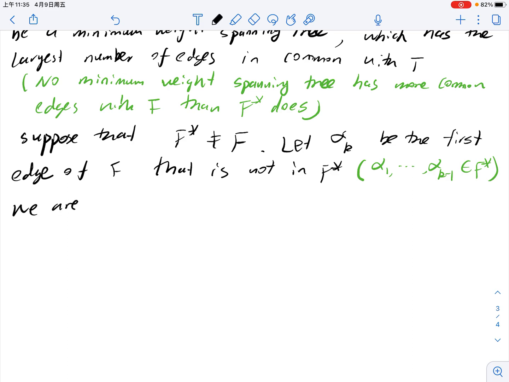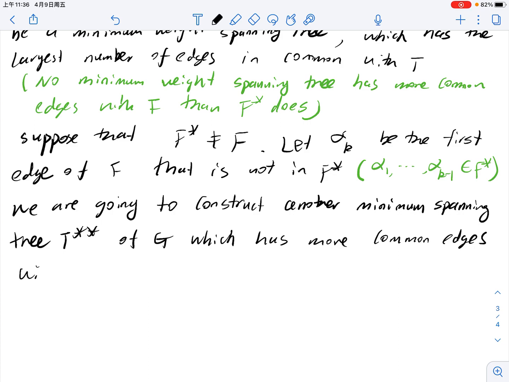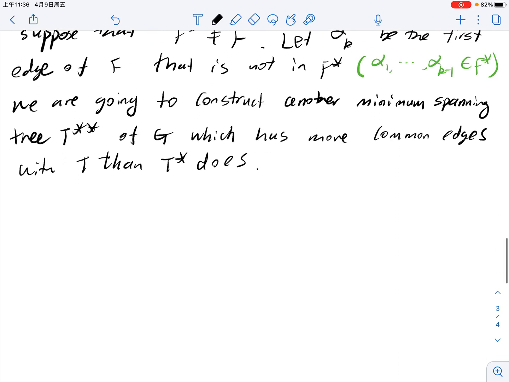And then we are going to construct another minimal spanning tree, T double star, which has more common edges with T than T star does. Then we have a contradiction.